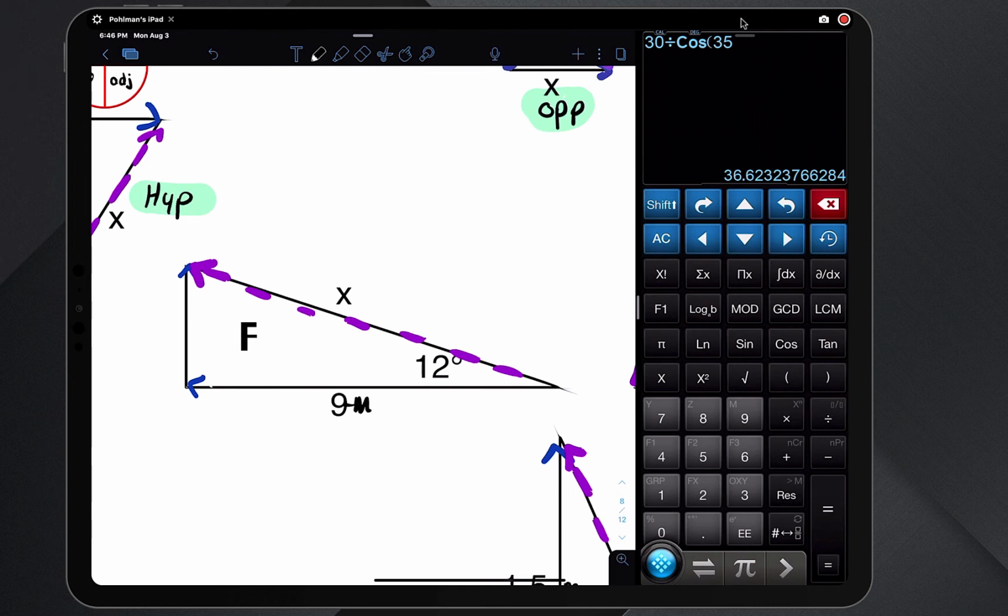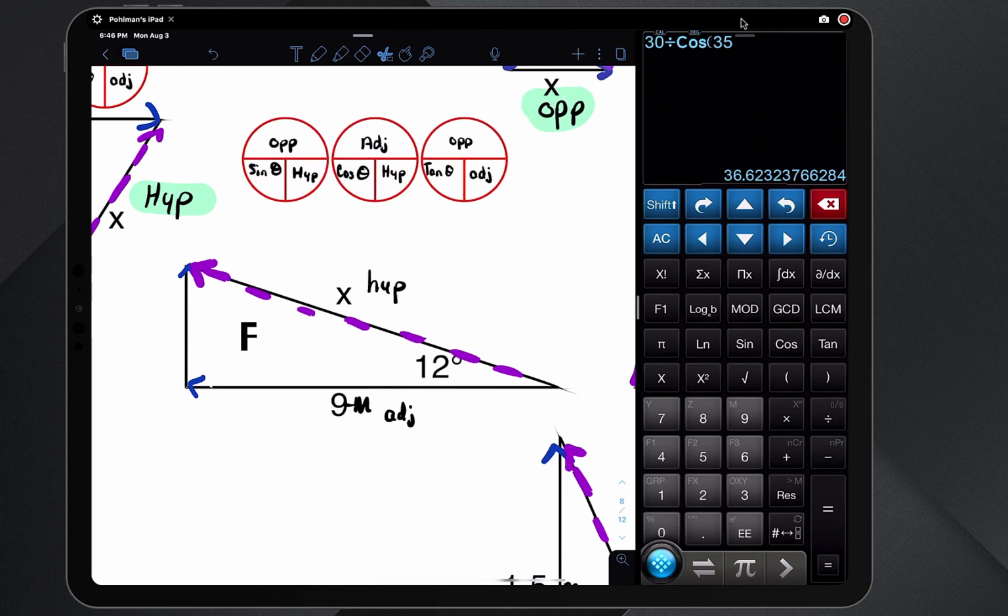So we have the next diagram here. We start by labeling our sides. We have the 9 is the adjacent side, the x is the hypotenuse. So from our SOHCAHTOA, which one has adjacent and hypotenuse? That's this one here. So that's the one I'm going to use.